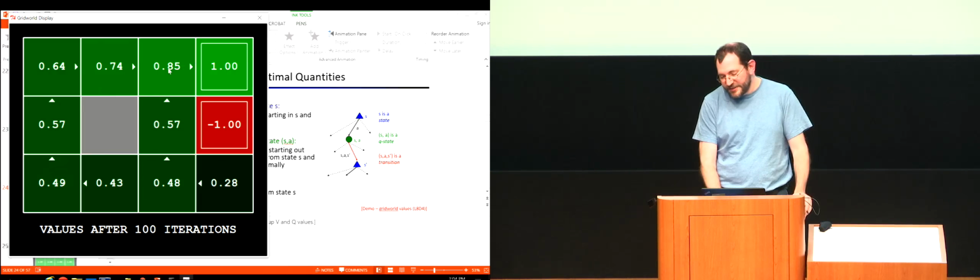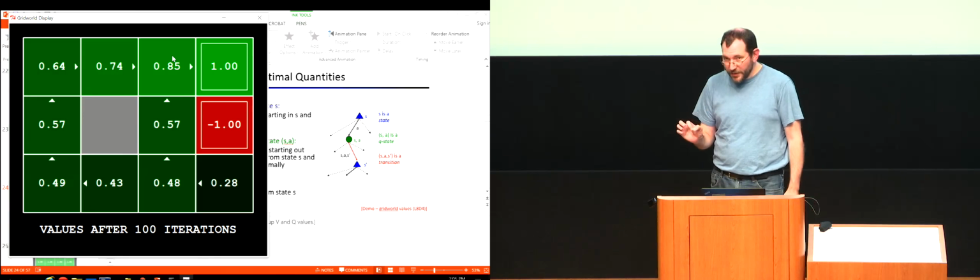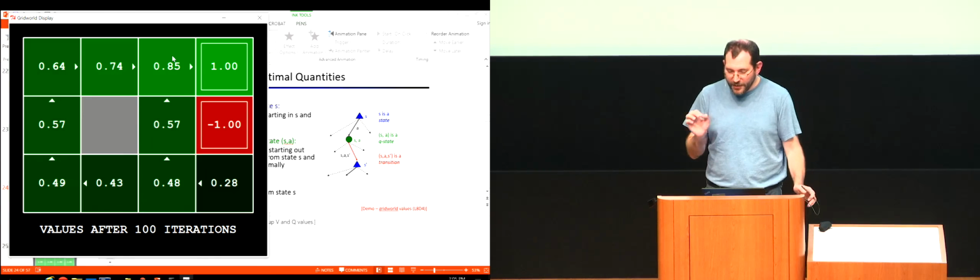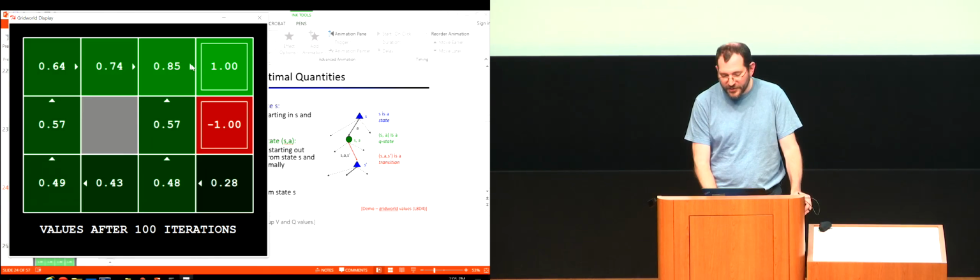It also includes slipping here, trying to get back, but slipping again, and then falling into the fire and so on. And these numbers are the sum of discounted rewards, including the living reward and the final reward, under the optimal policy. The optimal policy is shown by the arrows. Okay? So those are the values of the states.